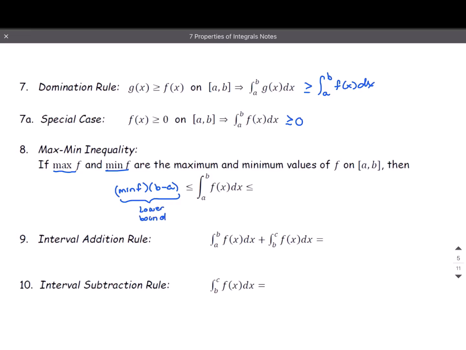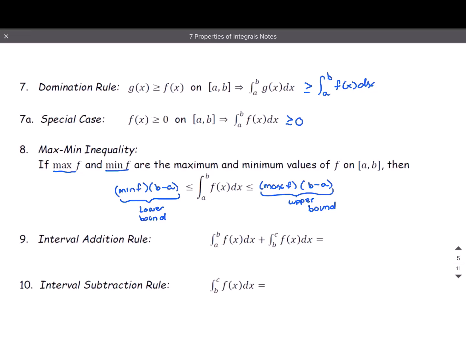It's not going to get any smaller than that. And if we take the maximum value of f and multiply by the length of the interval, b minus a, that's going to be an upper bound for the value of an integral. And all values of the integral will be in between those two, okay?